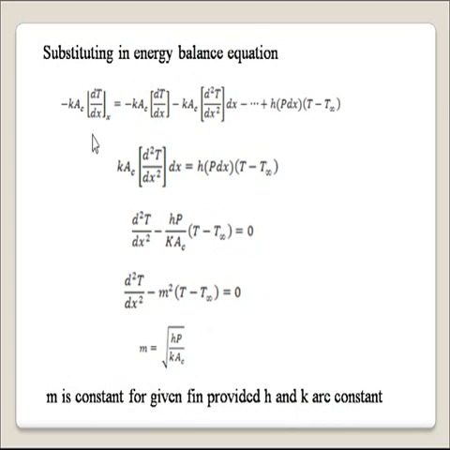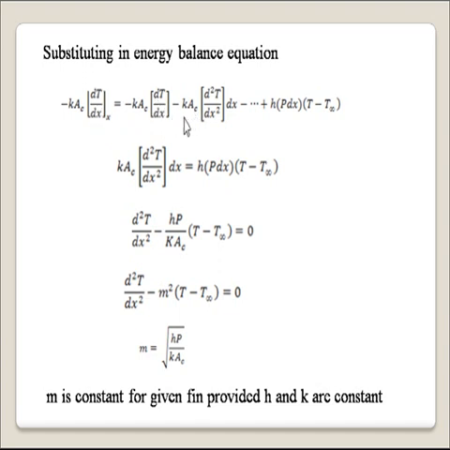Substituting the expressions for the different terms in the energy balance equation, we have Qx given by this one and Qx plus dx given by this term, eliminating higher terms, plus heat transfer by convection. Now in this equation, minus Kac dt by dx at x from both sides will get cancelled.